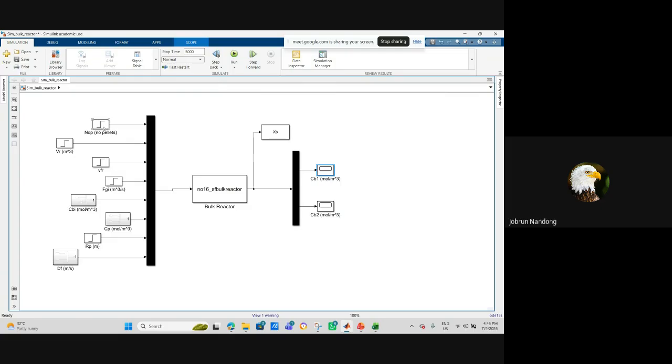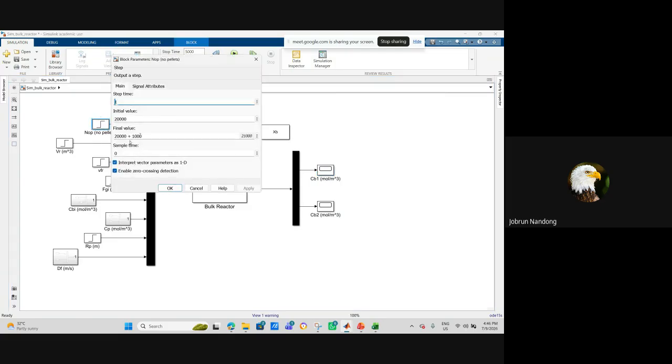So the thing here is that we can change the value, but some of the values need to be consistent with other parameters as well. For example, if you increase the number of pellets here, the volume of the reactor should be increased as well. These two depend on each other, so they are interrelated.